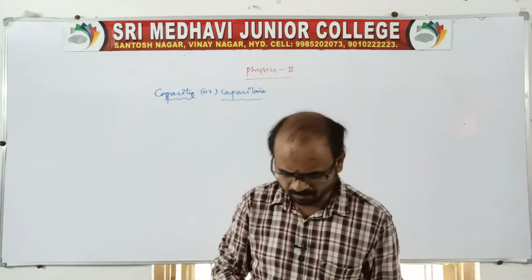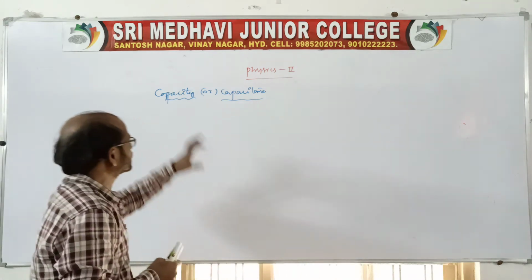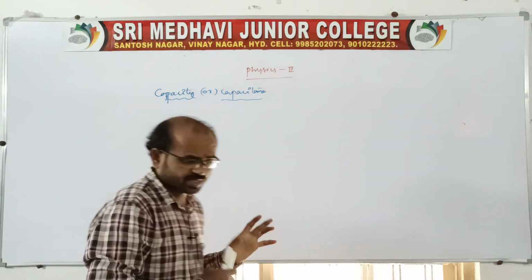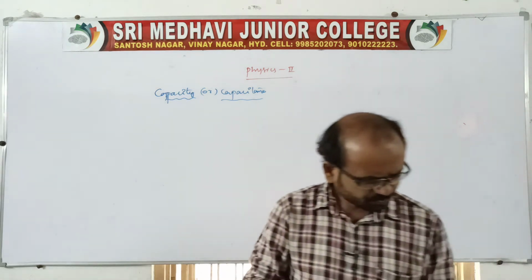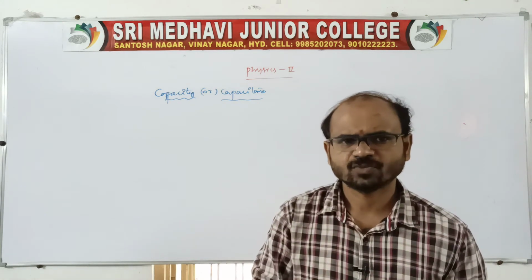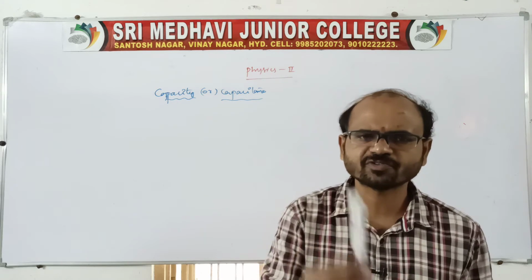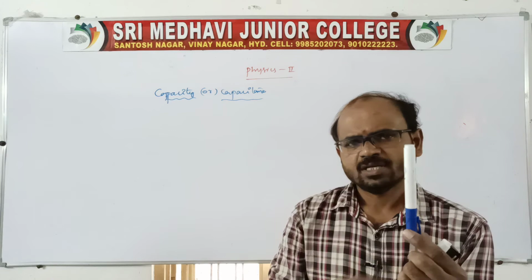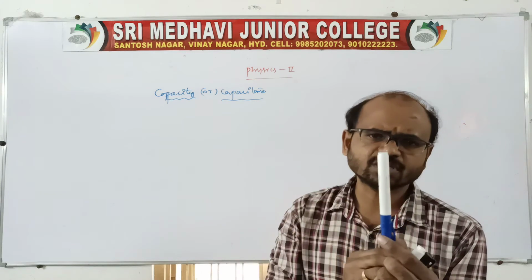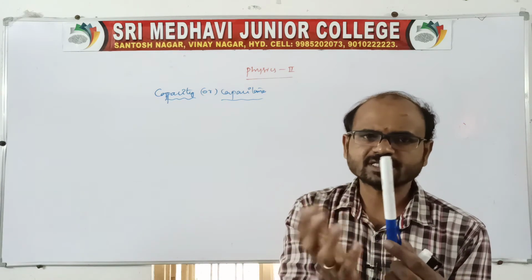Coming to the point, now I would like to tell you the capacity of an isolated conductor. You take a conductor, and remember the conductor can hold a charge. Take any one isolated conductor. If I give charges to this conductor, when charges are added to the conductor, it can hold the charge.